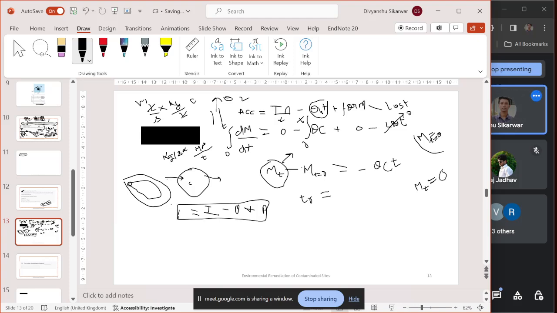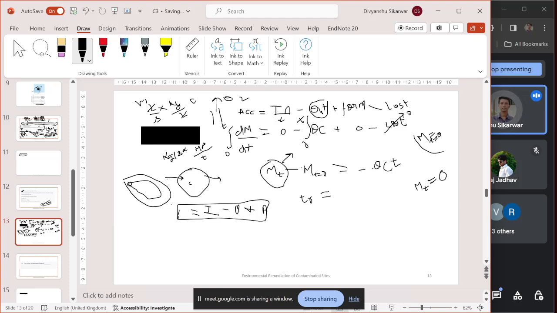It will be 0, because I am assuming that at time t I am doing complete remediation, so there is no mass of the particular contaminant left in groundwater. So Mt will be 0, right?